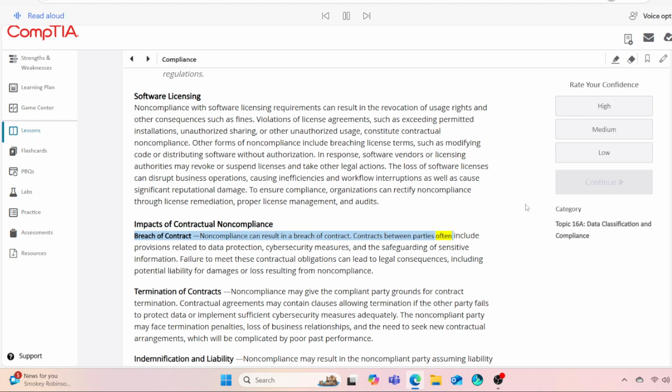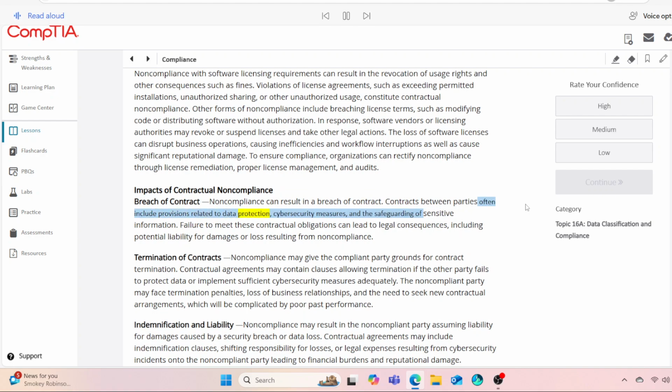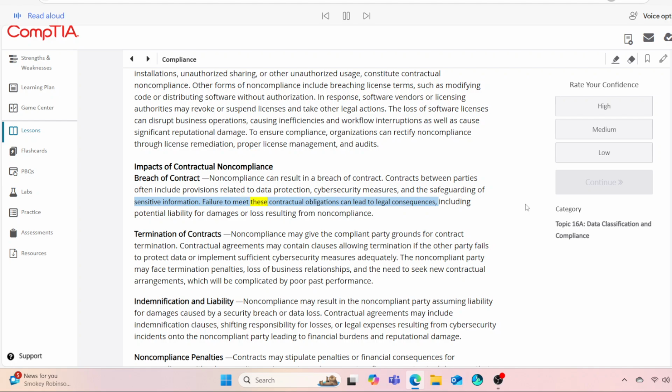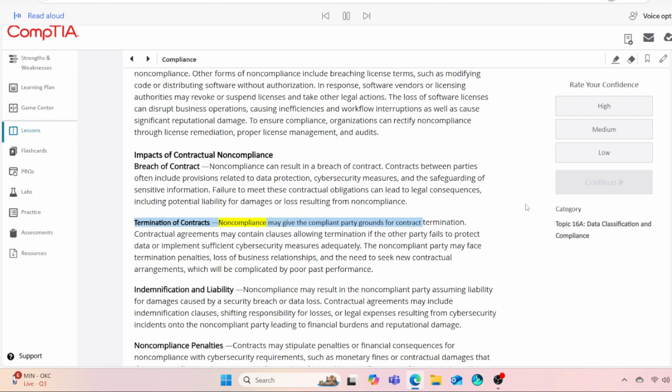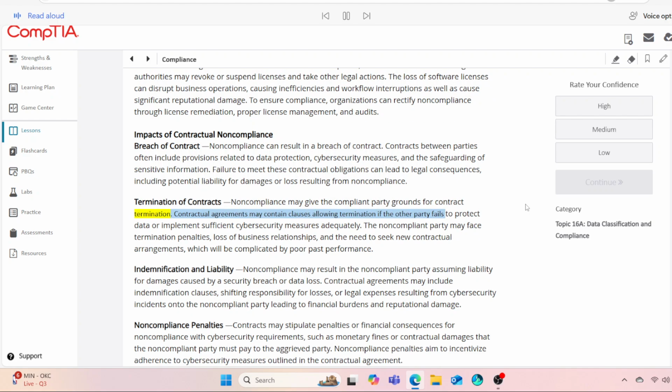Contracts between parties often include provisions related to data protection, cybersecurity measures, and the safeguarding of sensitive information. Failure to meet these contractual obligations can lead to legal consequences, including potential liability for damages or loss resulting from noncompliance. Termination of contracts. Noncompliance may give the compliant party grounds for contract termination.